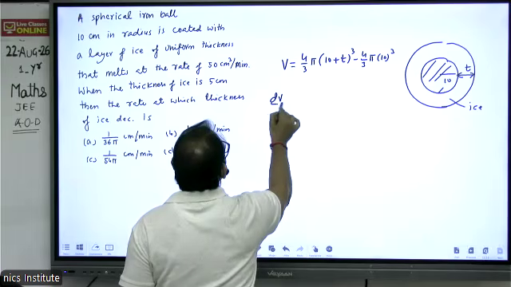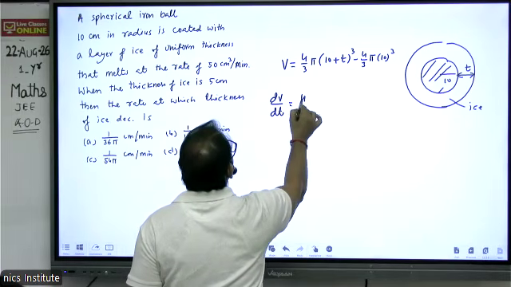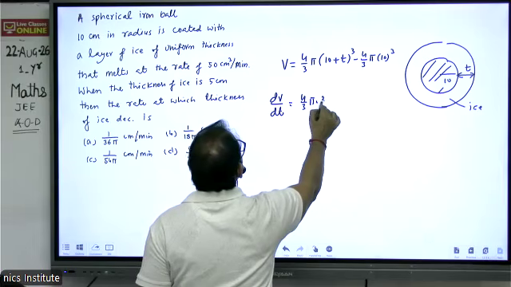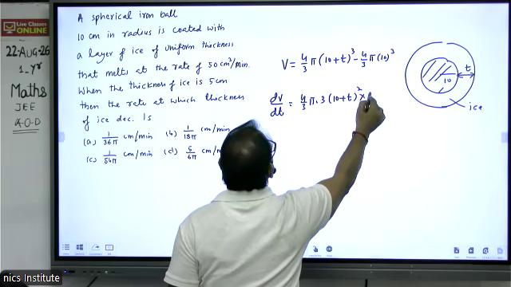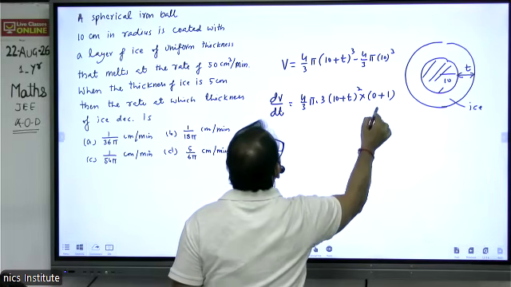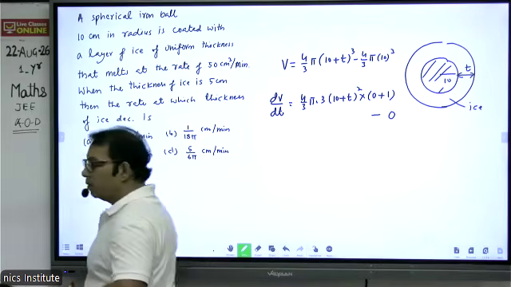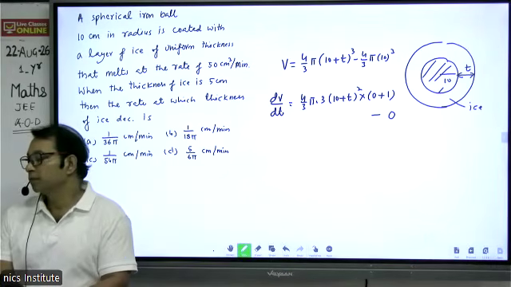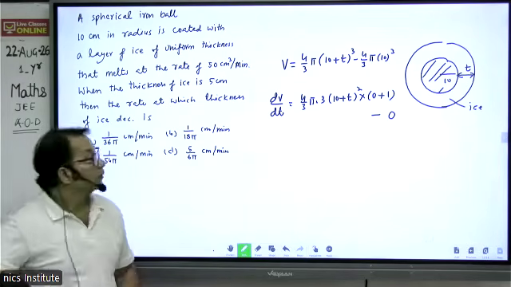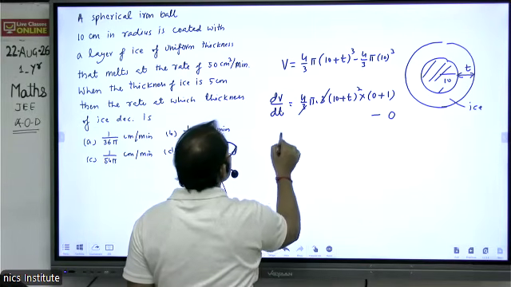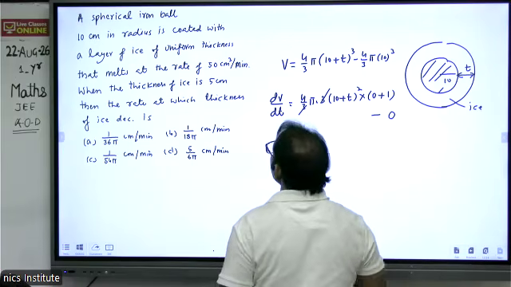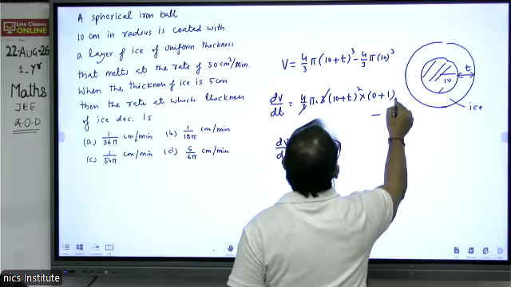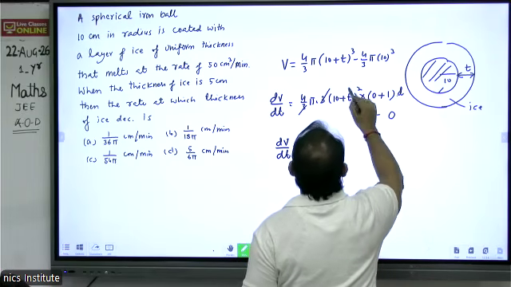Differentiating with respect to time, 4 by 3 pi, 3 (10 plus t) whole square, and then you differentiate this again. The second part is constant, so that will be 0. So 4 by 3 pi, 3 (10 plus t) whole square into 1. 3 and 3 cancel. Now t is the thickness.